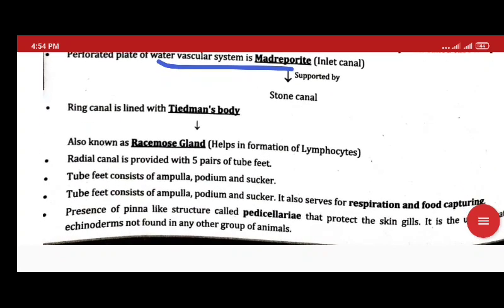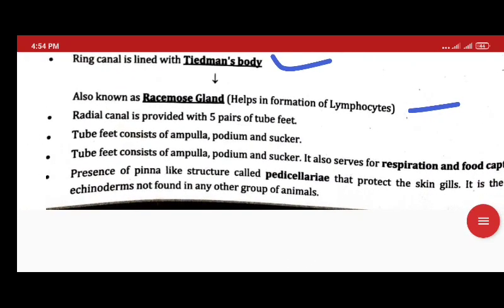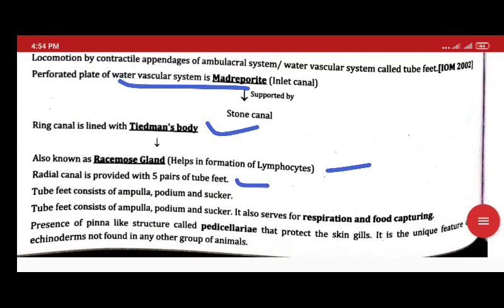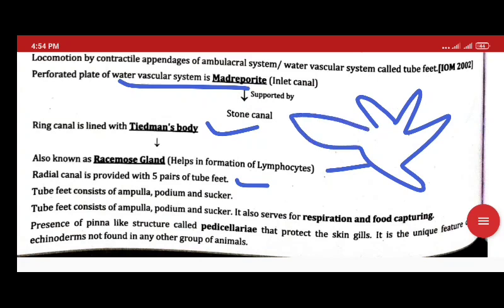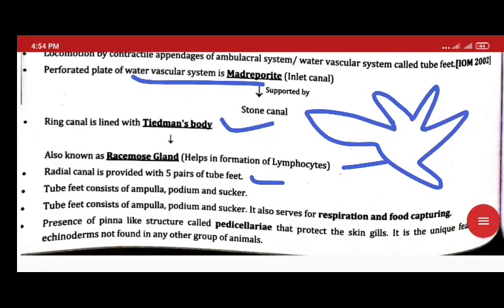Now the ring canal is lined with Tiedemann's bodies. Also the axial gland is found, involved in formation of lymphocytes. The radial canal is here with five pairs of ampullae. This is pentamerous: one, two, three, four, five, like a starfish type of organism.